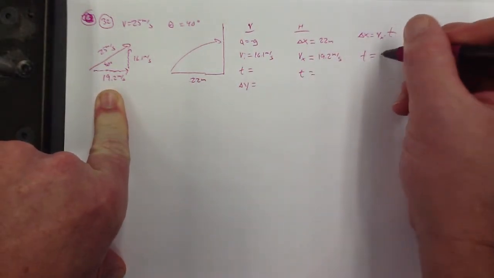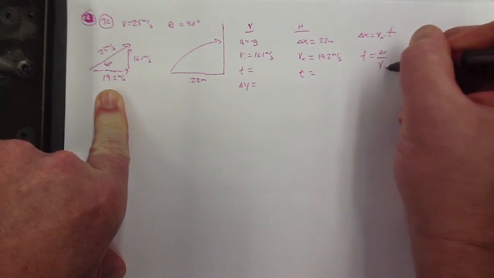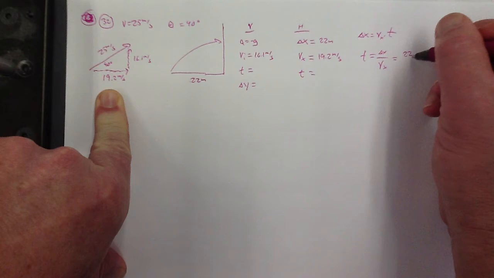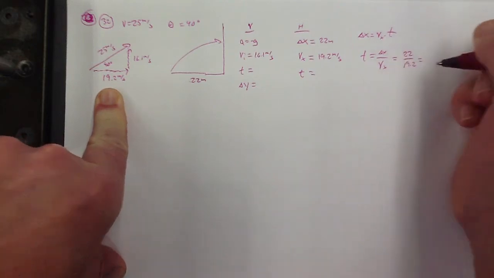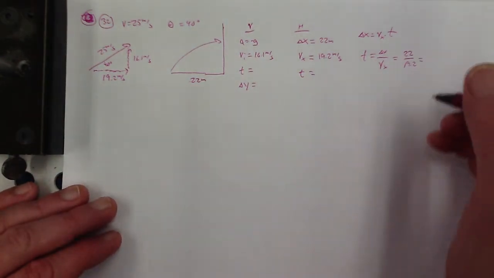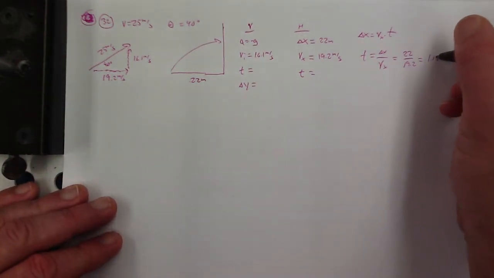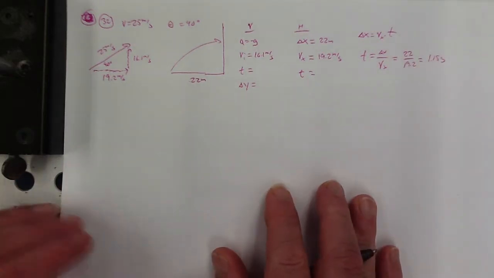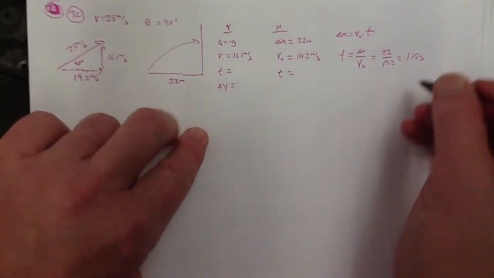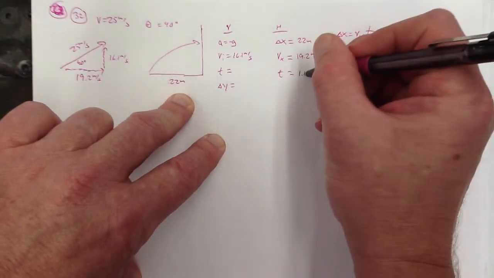So the time would be equal to delta x over Vx, which is 22 over 19.2. So our time is going to be 1.15 seconds. And I can import that over to here.